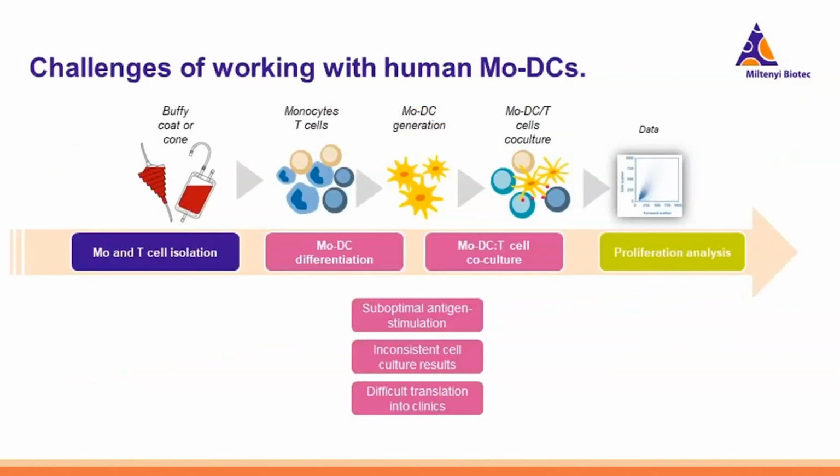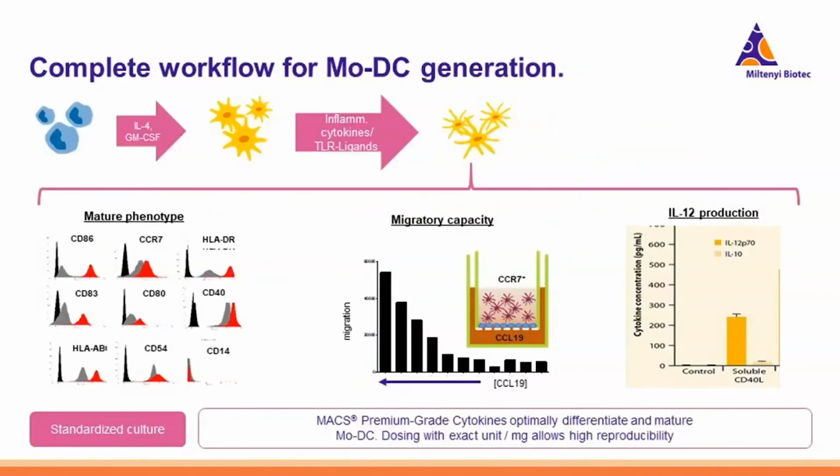Challenges can be here that sometimes the moDCs have a suboptimal antigen stimulation. Inconsistent cell culture results is sometimes always a problem also here with the moDCs, and also difficult translation into clinics. But don't worry, I have also a solution here.